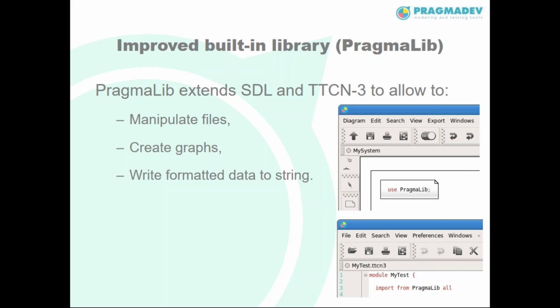Starting with this new version of the tool, it is also possible to write formatted data to strings, for example to pass those strings to the functions that write to files or create graphs. This list of new functions is based on the sprintf C-like function.